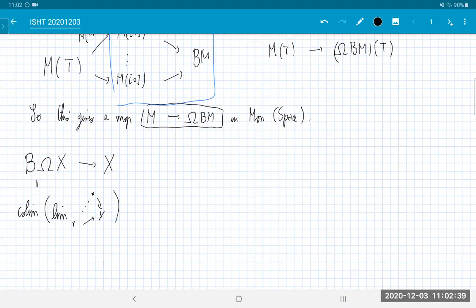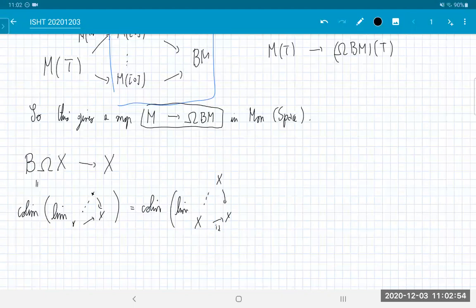This is B omega x. But we can write it as the colimit of the limits of diagrams like this, where I put the identities here instead, and that's just x. Sorry, it's not equal, it receives a map.